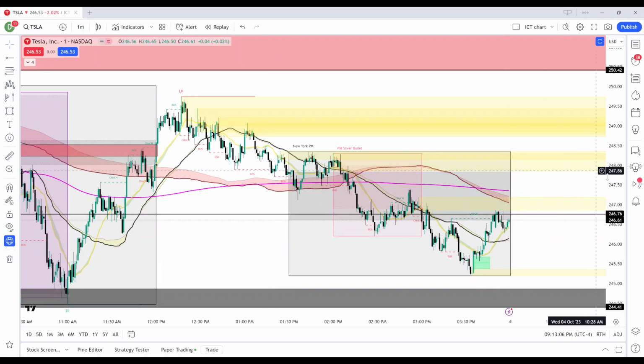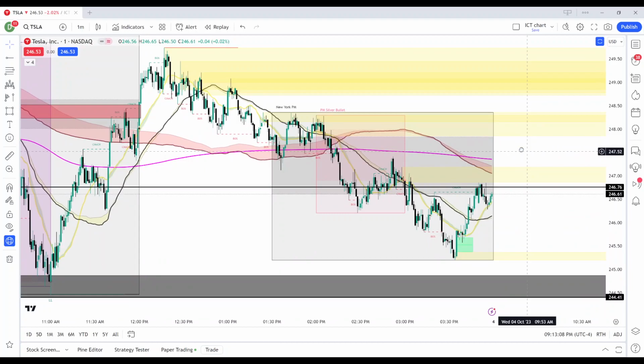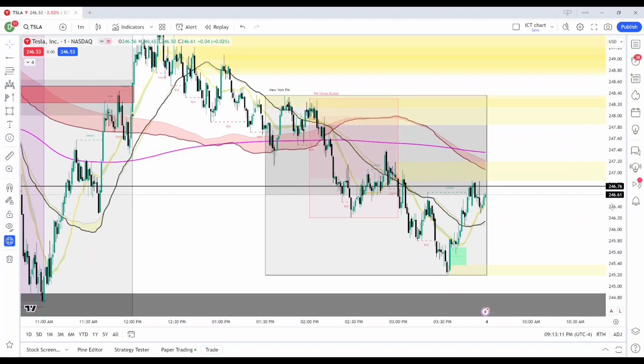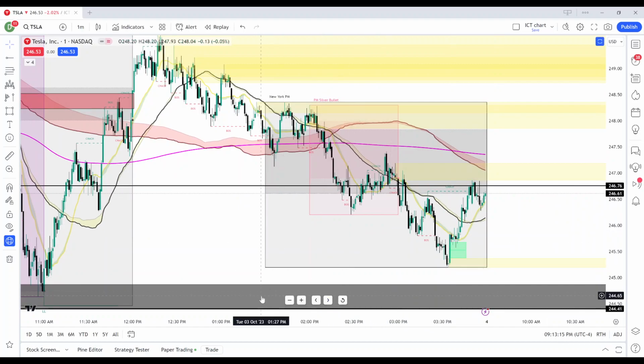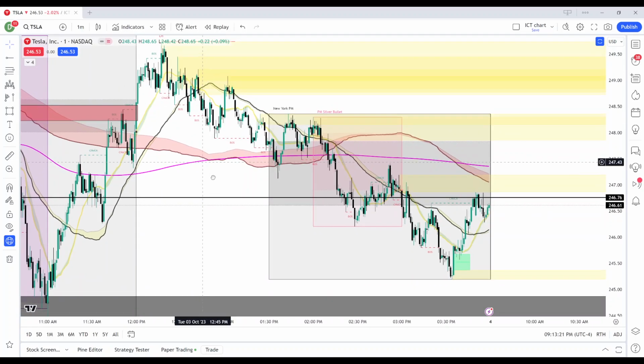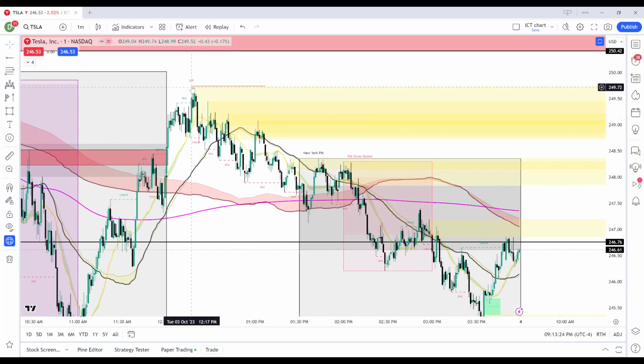Okay, now we look at the PM macro, right? So we started trading down into the PM macro. We know that there's an order block down here that we've traded into previously, okay? And we know that we have seen what appears to be a reversal. Okay, we got a high here and we got a lower low.